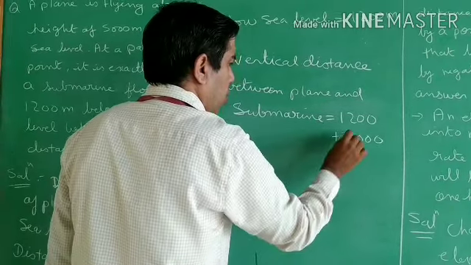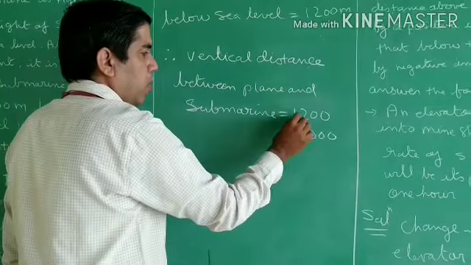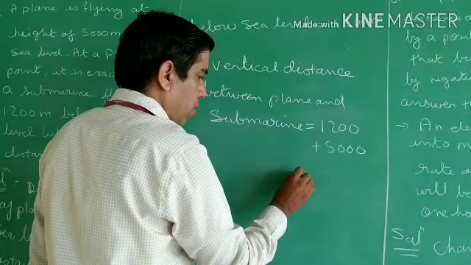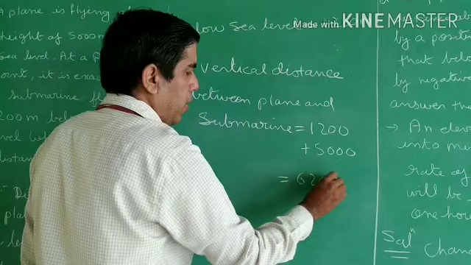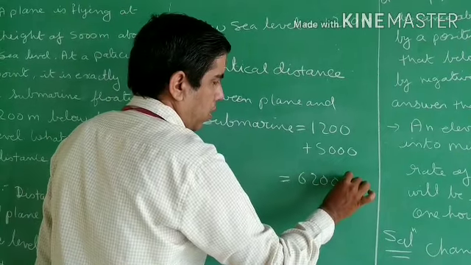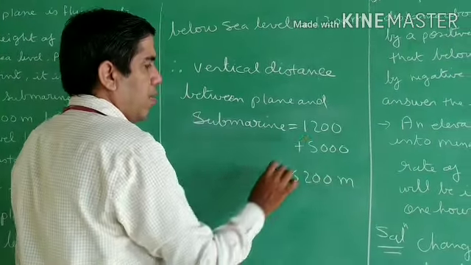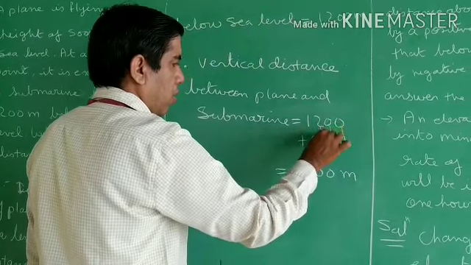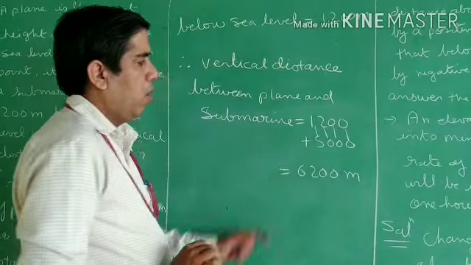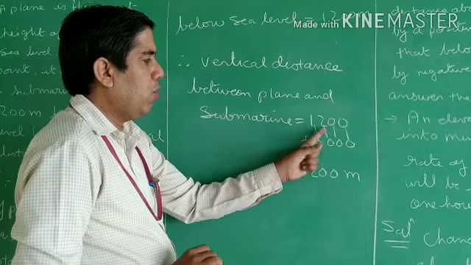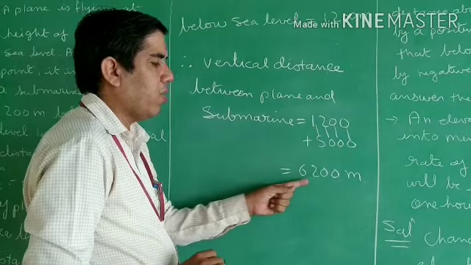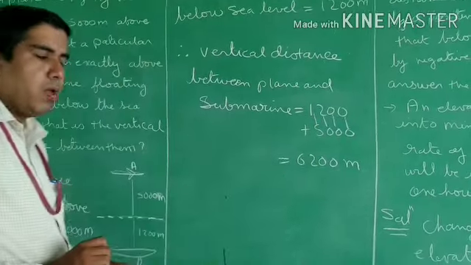So how much does it come? You can see it comes 6,200 meters. 0 plus 0 is 0, and 0, 5 plus 1 is 6. 6,200 meters. Got it?